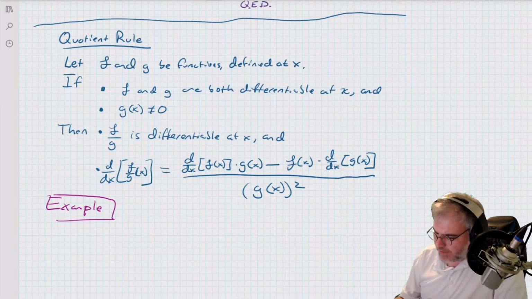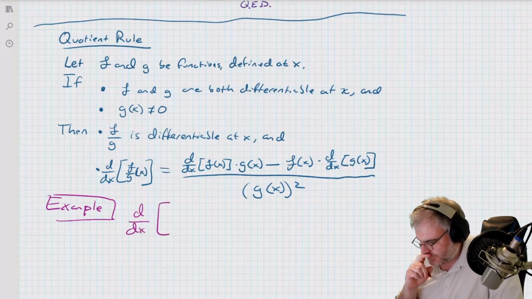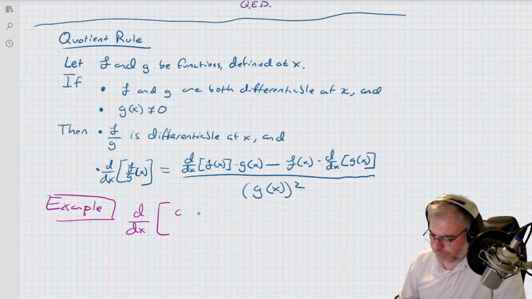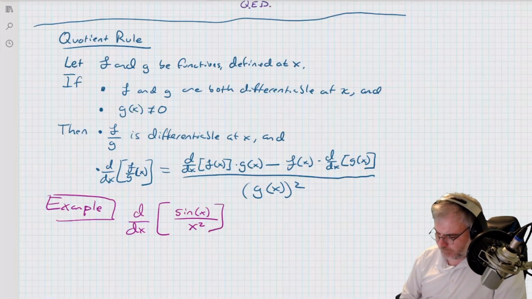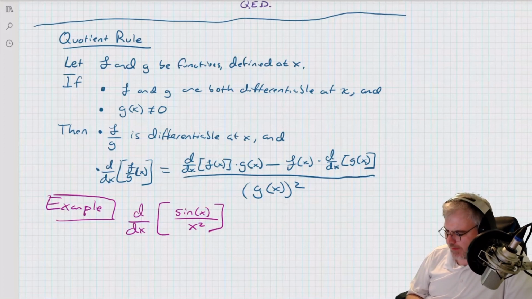So let's do d over dx of sine of x over x squared. Not at x equals 0. Okay, so here's the journey of x.